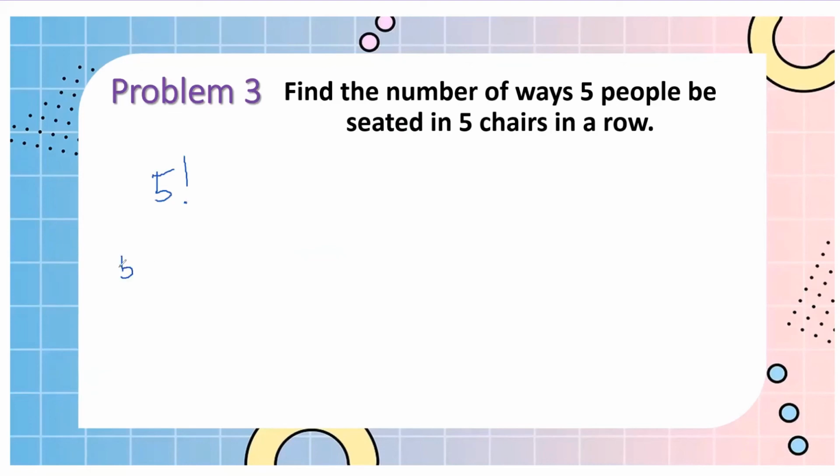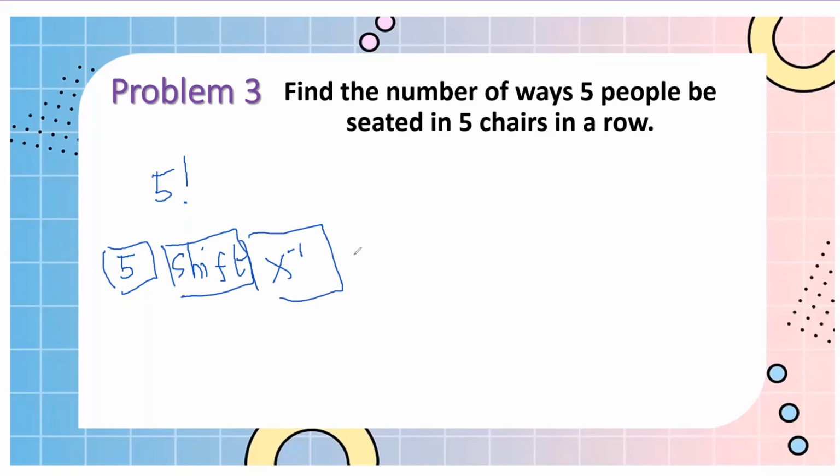And to do this, i-press nyo muna yung 5, diba? Tapos makikita nyo yung shift. Shift din ba sa calculator nyo? Tapos makikita nyo yan, diba? So, yun yung mga ipipress nyo. And then, ang equivalent ng shift x inverse, yun na yung factorial.